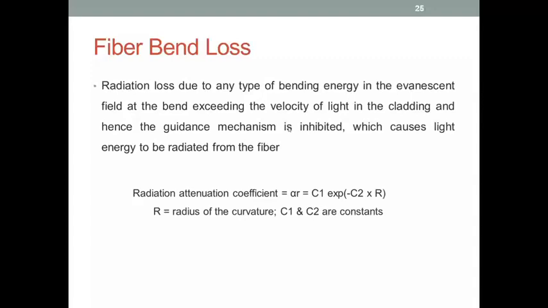If it is forming a circle, then it is going to be called a radius of curvature, and it is going to let the light go out of the fiber. So the radiation attenuation coefficient can be given as alpha r = c1 exponential of minus c2 into r, where r is the radius of curvature, c1 and c2 are the constants. We'll solve further problems on this.